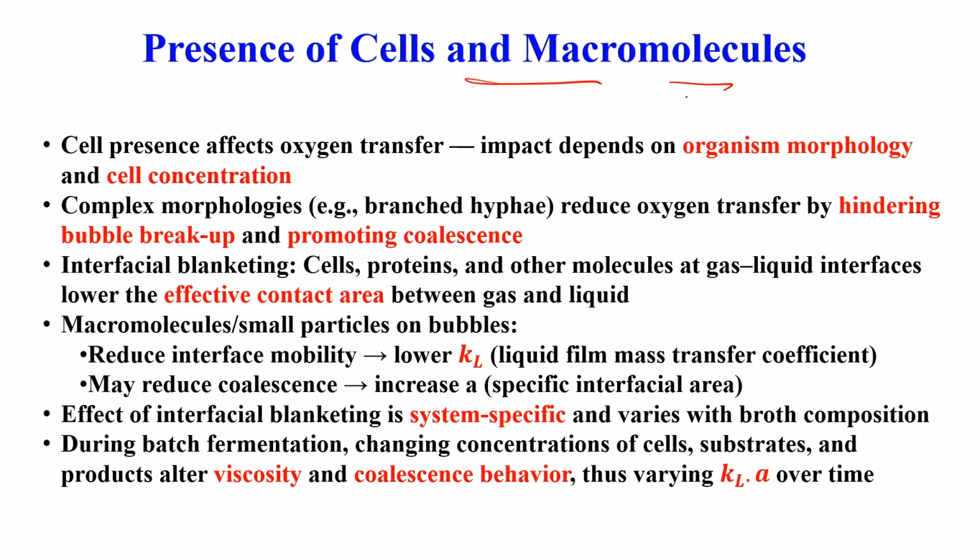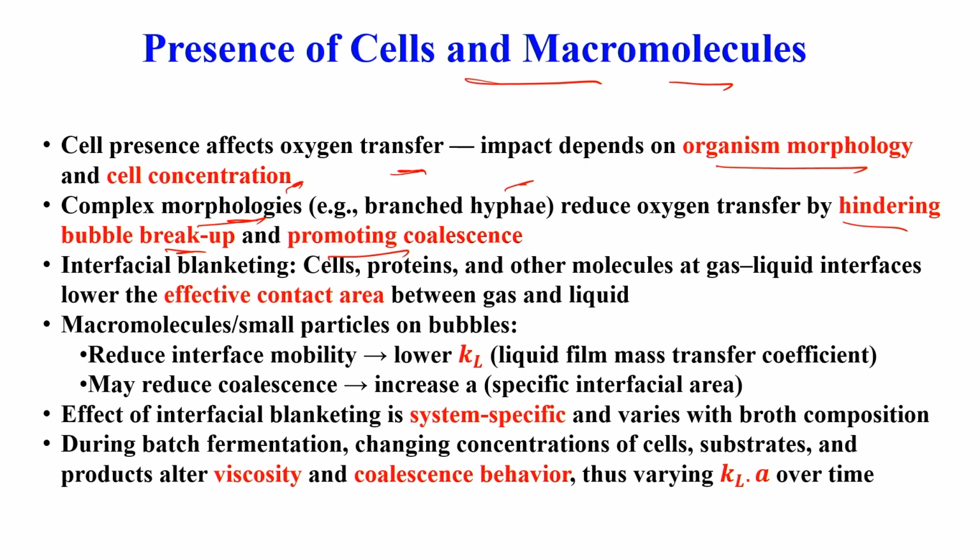Next, we will be discussing the presence of other cells and different metabolites. One option is that cell presence affects the oxygen transfer, particularly through different organism morphology and the cell concentration, because oxygen uptake rate is directly proportional to the cell concentration. And if there is a complex morphology, particularly for fungus or mold growth, they hinder the bubble breakup.